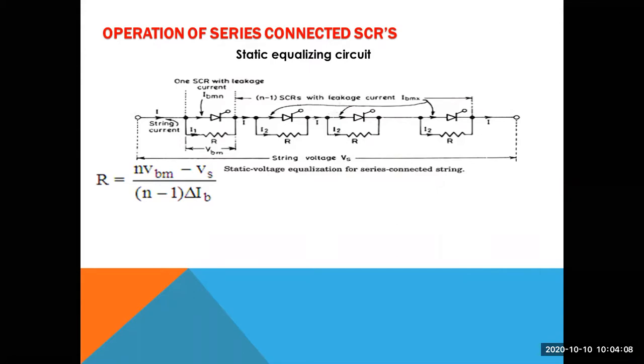If each SCR needs 2 ohms or 5 ohms, from all the requirements they select an optimum, reasonable value of resistance suited for the present condition.